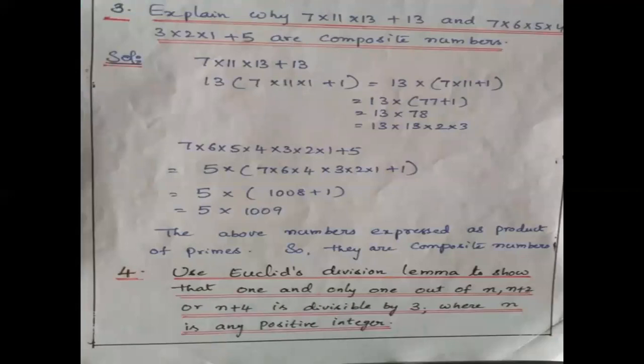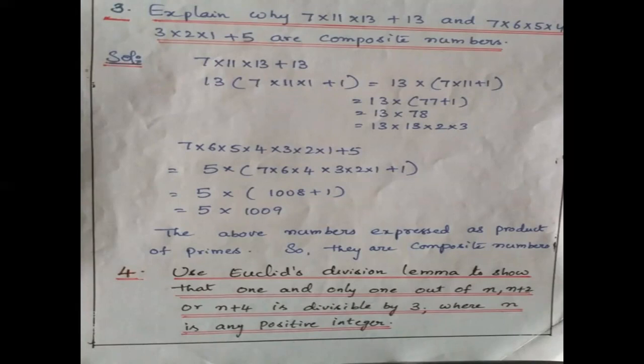Another example in the same model, explain why 7 into 11 into 13 plus 13 and 7 into 6 into 5 into 4 into 3 into 2 into 1 plus 5 are composite numbers. Solution, 7 into 11 into 13 plus 13. In this again, 13 is common. So if you take 13 common, 7 into 11 into 1 plus 1.